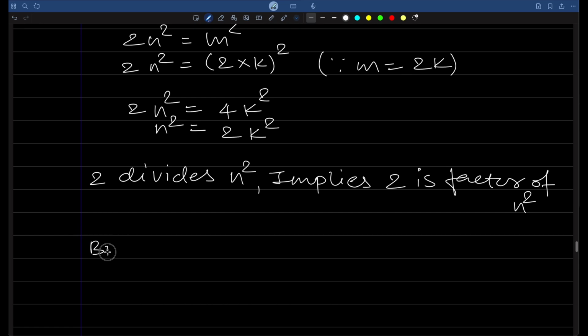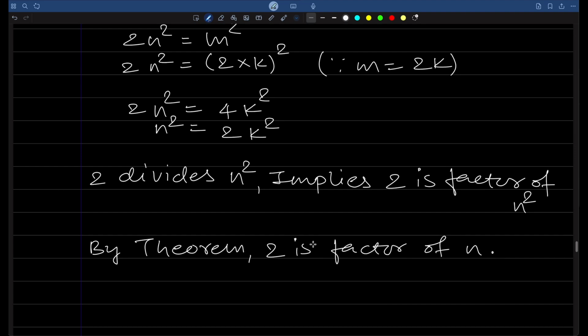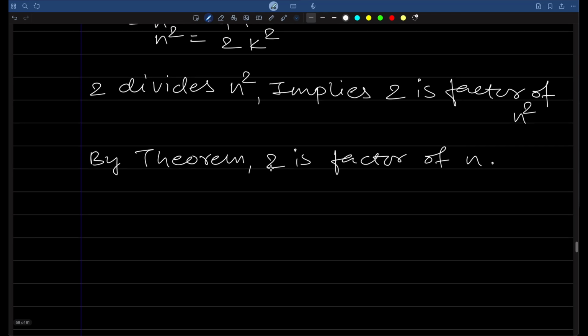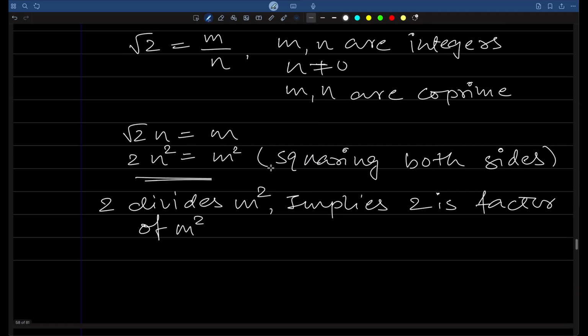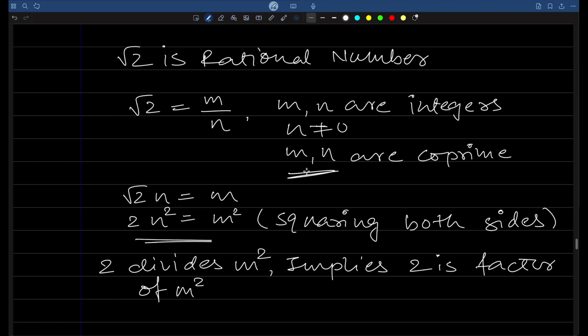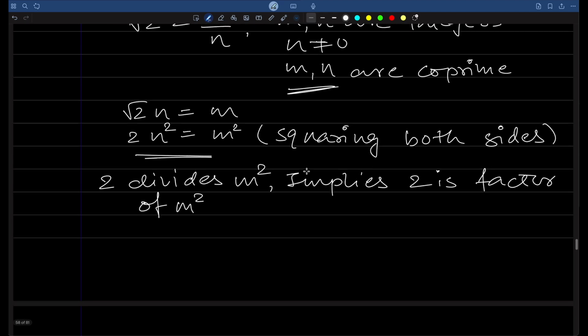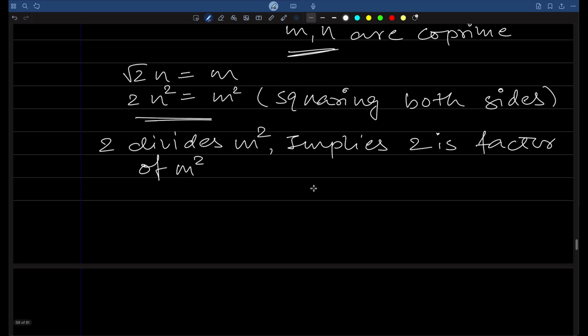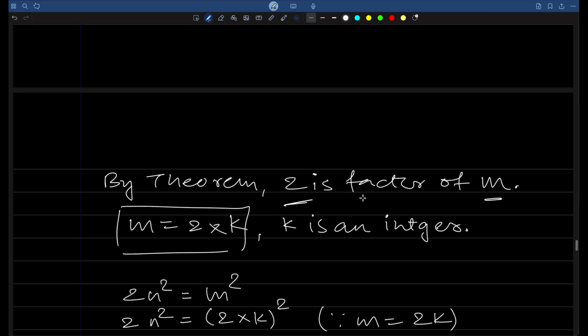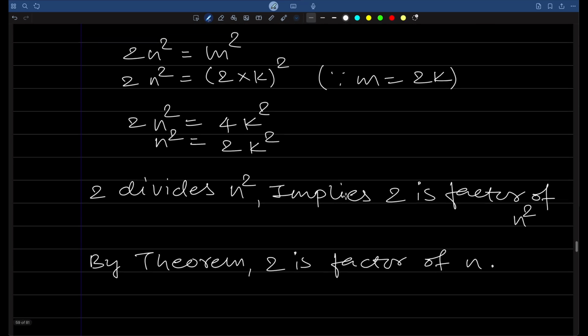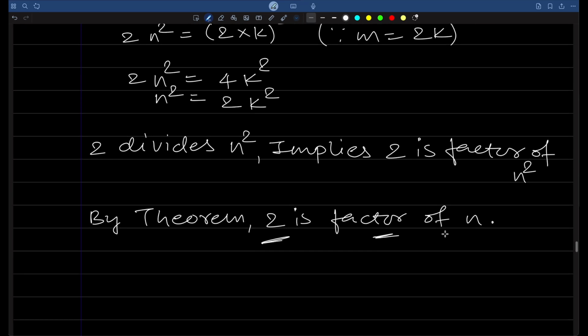And by theorem, we can say 2 is a factor of n. But this contradicts the fact that m and n are co-prime. If m and n are co-prime, there is no other common factor than 1, but we have 2 as a factor of m and 2 is also a factor of n.